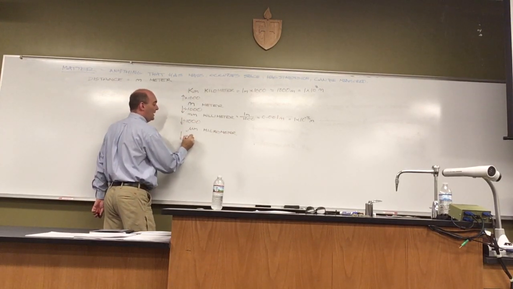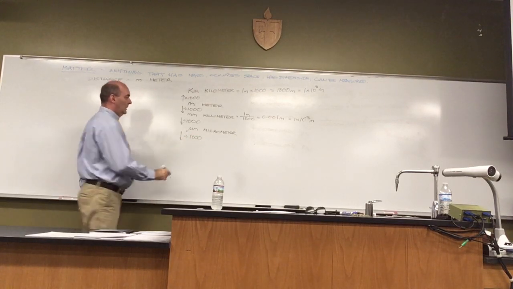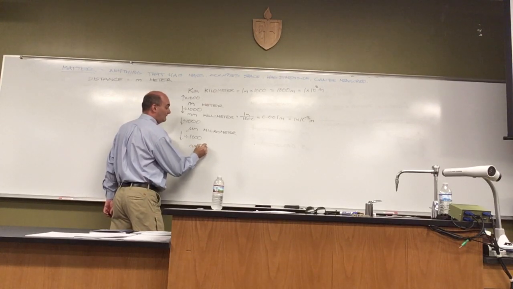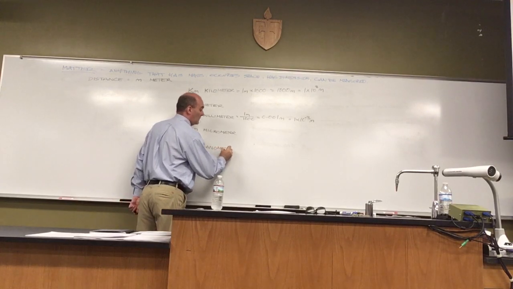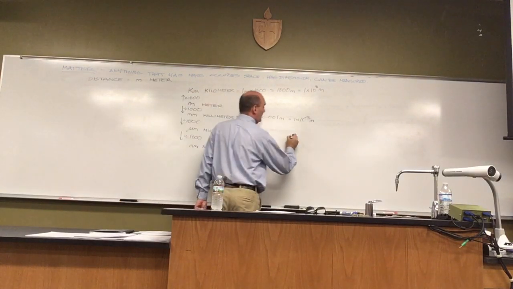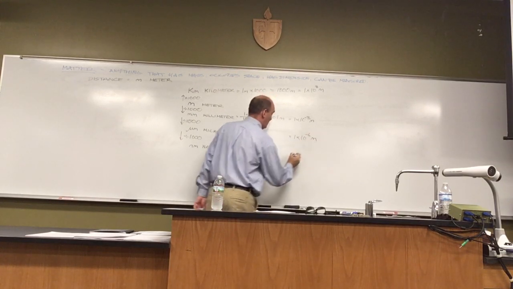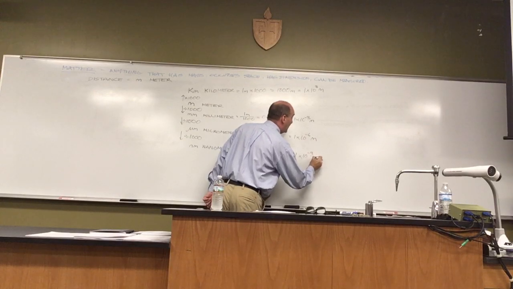We would divide by 1,000 and get a nanometer. And this is 1 times 10 to the negative 6. And the nanometer is 1 times 10 to the negative 9.